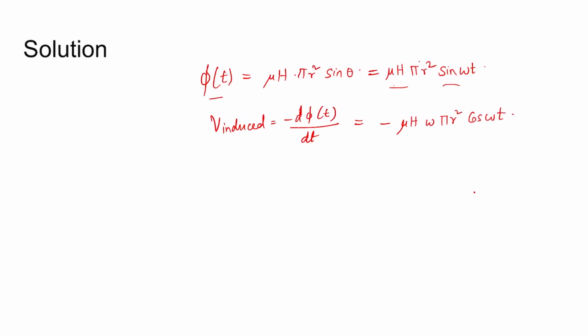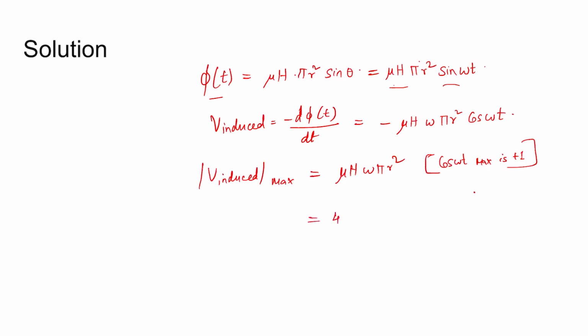Now the maximum value of induced voltage, that too in magnitude, can be written as mu h omega pi r square, because cos omega t maximum value is plus 1.